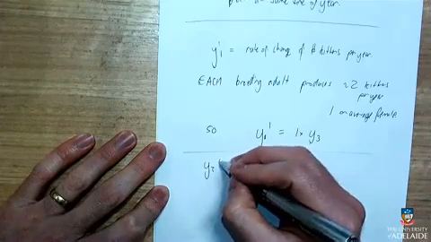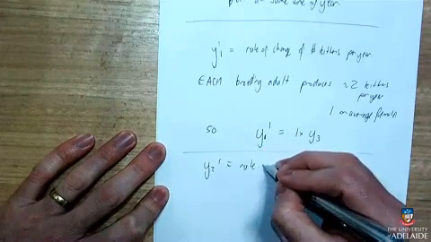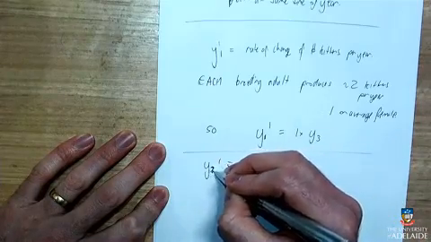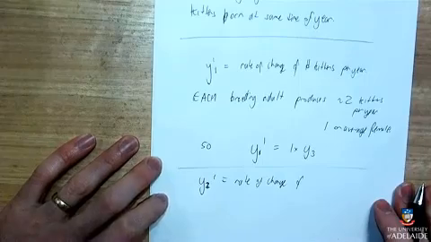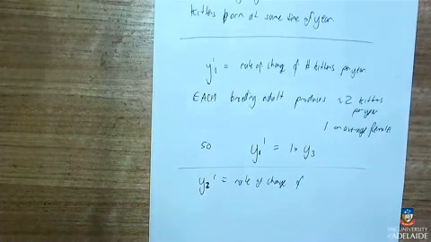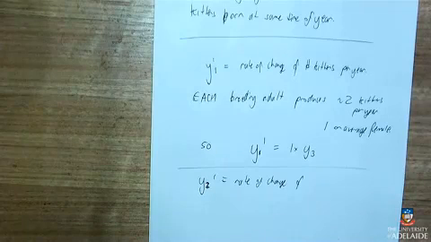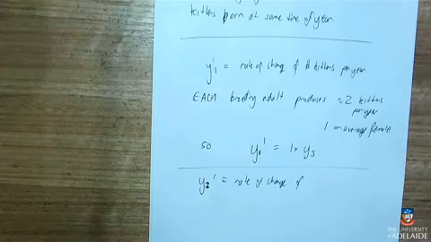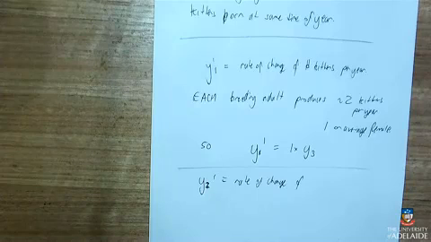So y2 dashed is the rate. Oh, you're right. So the existing kittens would grow up. So in the space of 1 year, all the existing kittens would grow up.